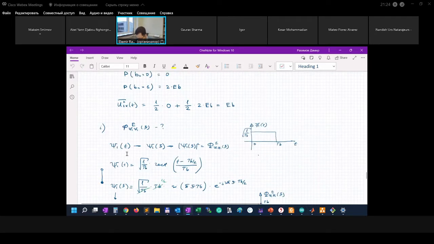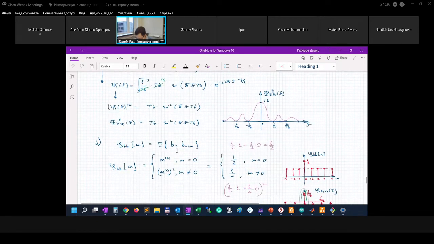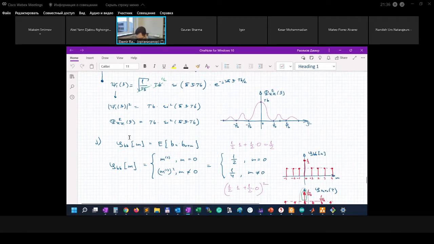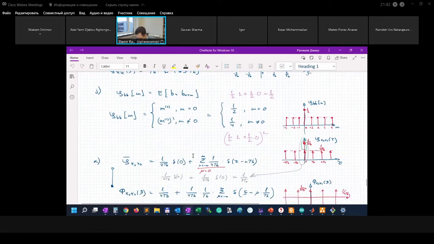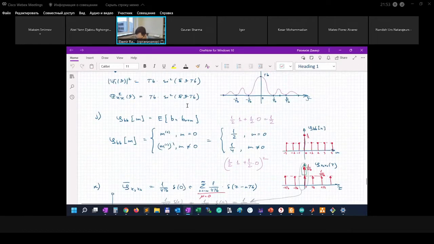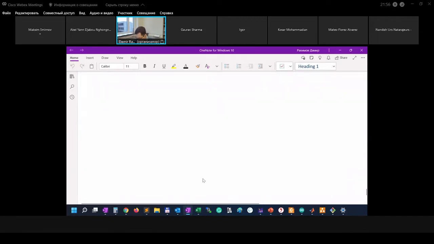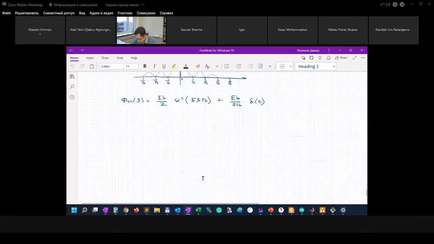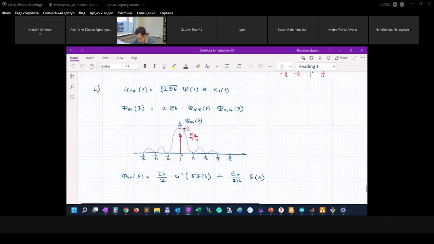And then we calculated energy spectral density of pulse shape, and calculating autocorrelation of random sequence and finding the corresponding spectral density of it. We finally get the power spectral density of the whole sequence by calculating the product. And we have such a representation: a sinc-square function, and at origin we have an additional delta peak.